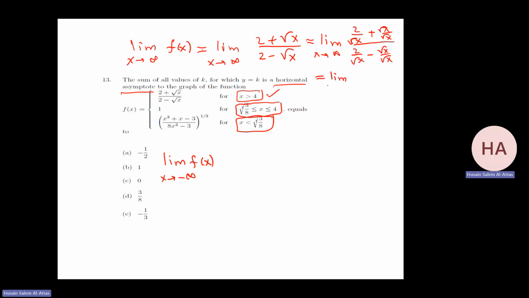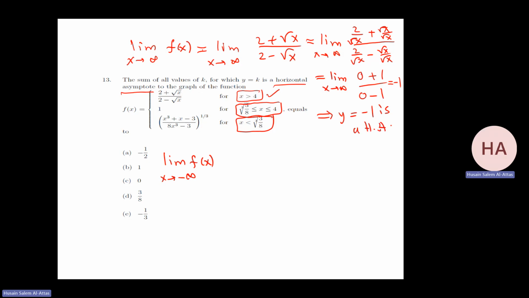The same idea as the same degree. The control will be with the highest power, which is square root of x in this case. That will be 0. This is 1. This will be 0. This is minus 1. So the answer is minus 1. So y equal minus 1 is a horizontal asymptote.